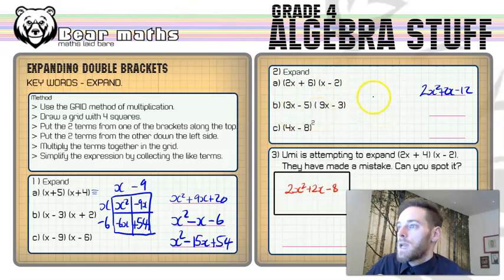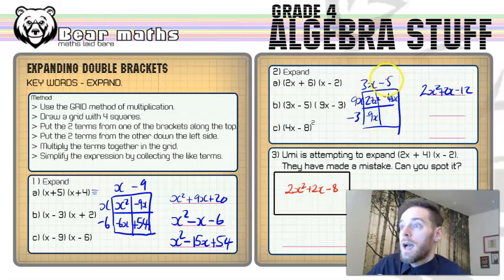Now, B, we've got a grid again. 3x minus 5, 9x minus 3, times tables: 27x squared, minus 45x, and minus 9x, and then we are going to have a positive 15.